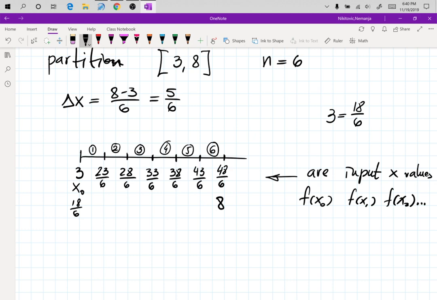Now that we have the delta x, we know that the first rectangle is delta x, which is the width, times f of x0.